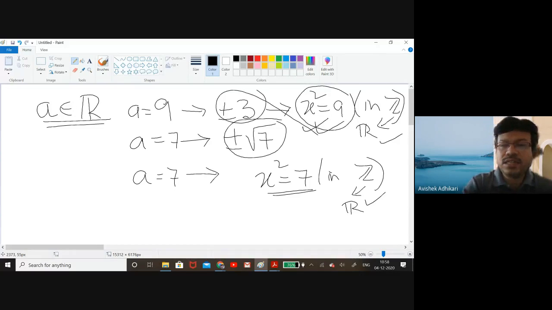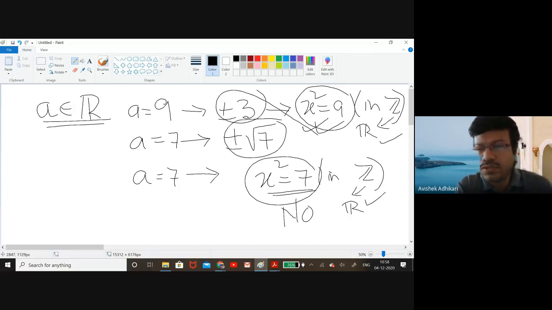But here you will have no, because there exists no integer solution for the equation x squared equal to 7. So there are some integers whose integer square root exists, and some whose integer square root does not exist.